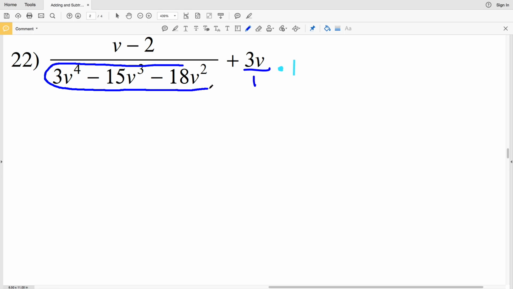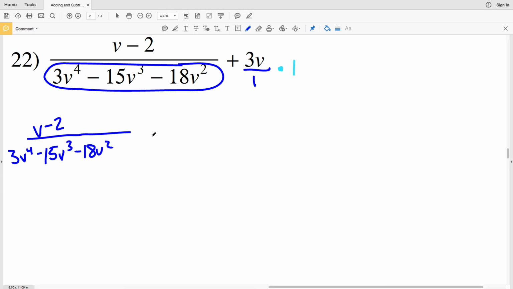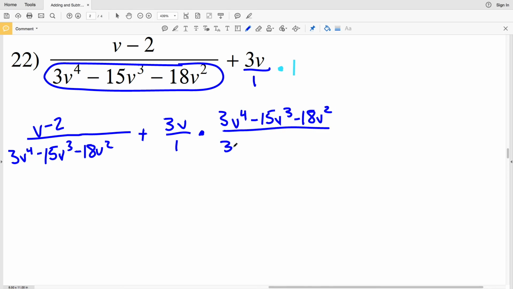to the fourth minus 15v cubed minus 18v squared. So I'll have v minus 2 over that quantity, so 3v to the fourth minus 15v cubed minus 18v squared, and I'll be adding 3v over 1 times 3v to the fourth minus 15v cubed minus 18v squared over 3v to the fourth minus 15v cubed minus 18v squared.